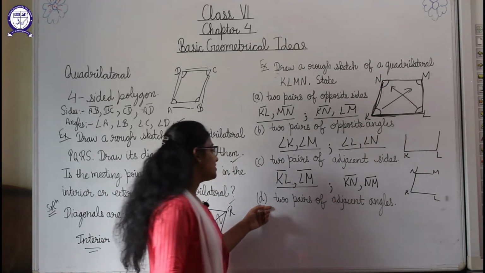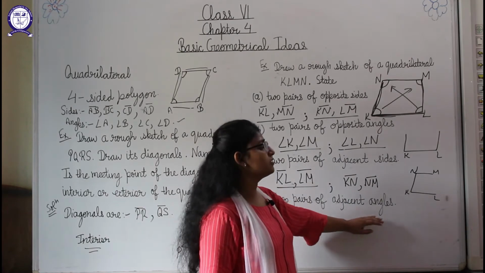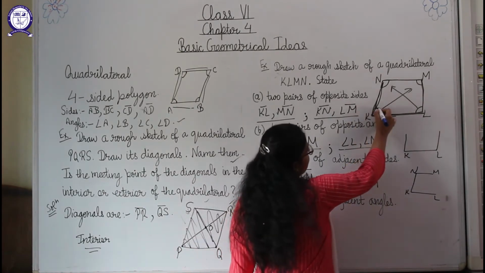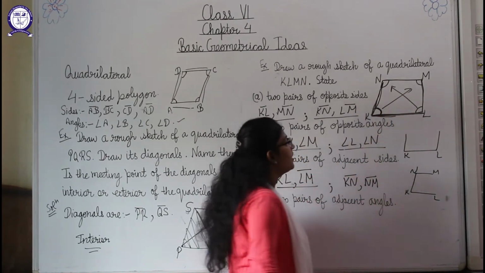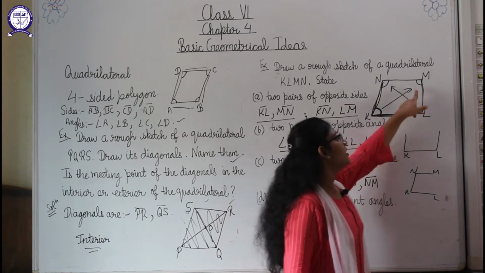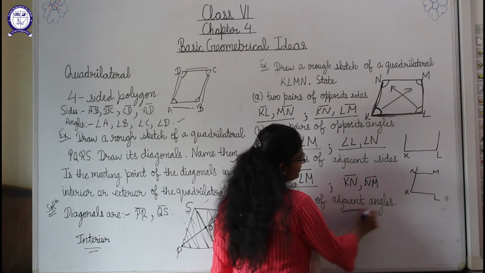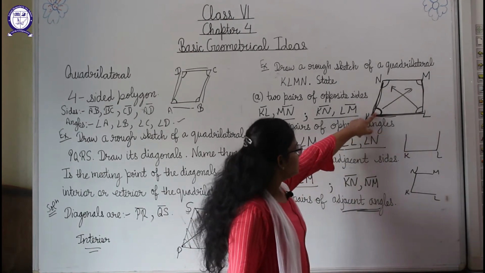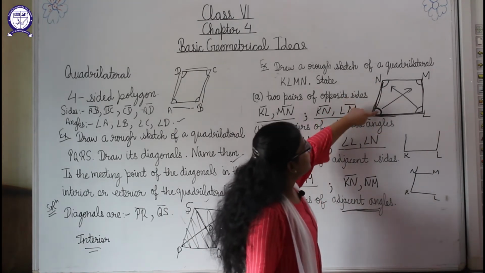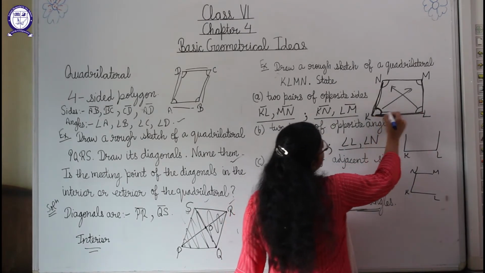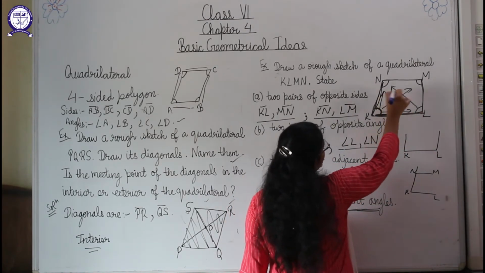Okay, now the next one is two pairs of adjacent angles. What are adjacent angles, students? Here, if we are talking about angle K, this was the angle K and its opposite angle was M. And if we are talking about adjacent angles, if this is K, then angle N is adjacent and angle L is also adjacent. Means with K, this can be the adjacent or this can be the adjacent.